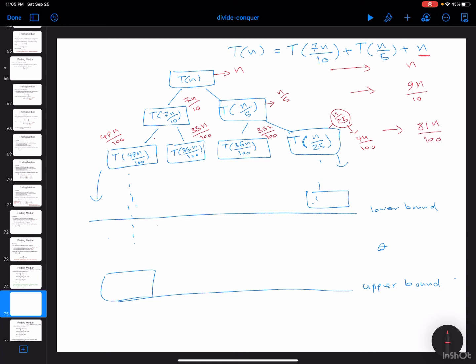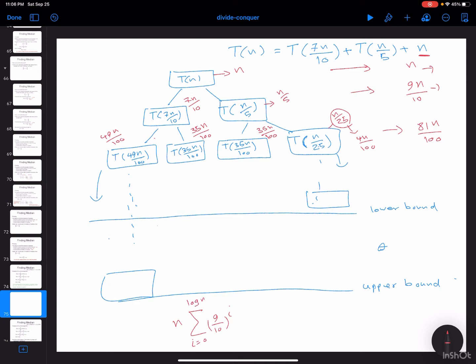Okay, so there is something about these costs of the levels. What I can see here is that I can actually take n out, and there is a ratio here. You can see that this is going to be the summation of n multiplied by 9 divided by 10 to the power of i, for i equal to 0 to what?